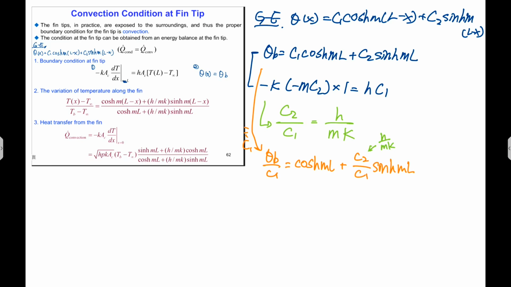Okay? Now we have a relationship for theta b, but still have a lot of unknown constants here. So we use the governing equation, also dividing by C1.